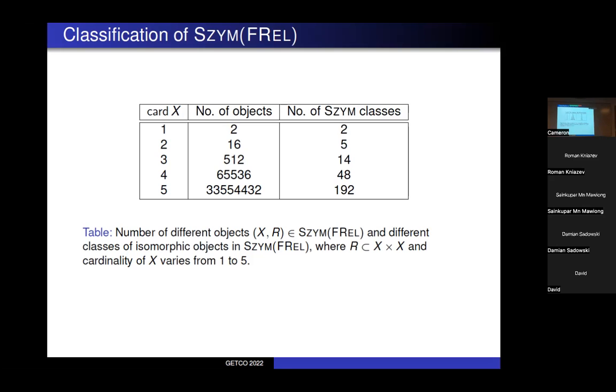Okay, and to sum up, we know that the Szymczak category for the category of finite sets and relations is not trivial. It is quite interesting. We can introduce some canonical form for any object, for any relation. Moreover, there is a chance for some nice invariant for the Szymczak category.